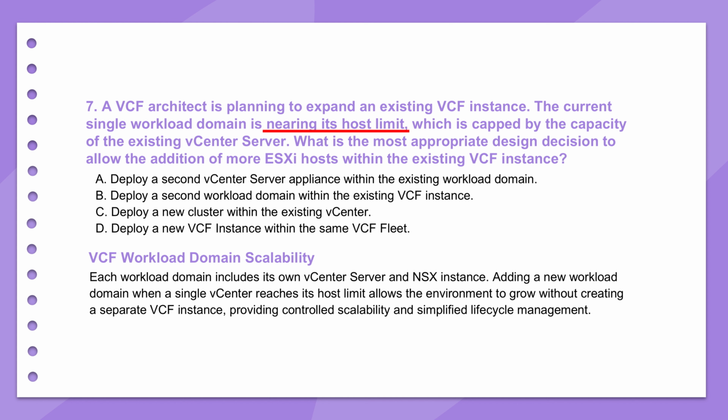This is a classic scalability challenge in VCF environments, and it's exactly why the workload domain construct is so powerful. You can't just keep adding hosts indefinitely to a single vCenter instance. There are architecture limits. So when you hit that cap, the standard design decision is to deploy a second workload domain within your existing VCF instance. If you look at how VCF workload domain scalability works, you realize this is the governed, structured way to grow.